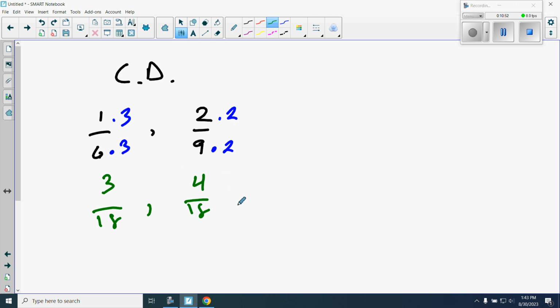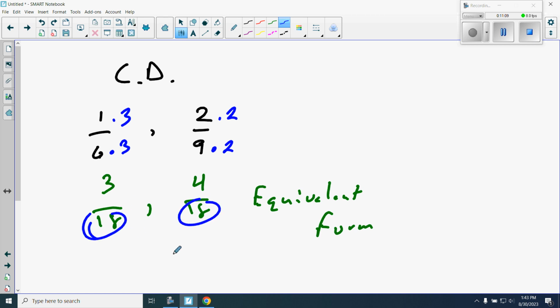And now we're in equivalent forms. Meaning, we have now written them with the same denominator, right? The same denominator. All right. So we don't want to reduce that. If we do, it just goes back to 1/6 and 2/9, so we're done. We don't want to do that. Why?